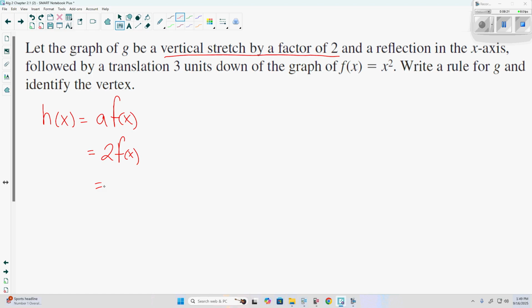At this point we've plugged in all of our numbers for this transformation, the vertical stretch of 2, yes? Now we replace f of x with what it's equal to. Well, f of x is equal to what? It told us that the graph of f of x equals x squared, so we're going to replace f of x with x squared.